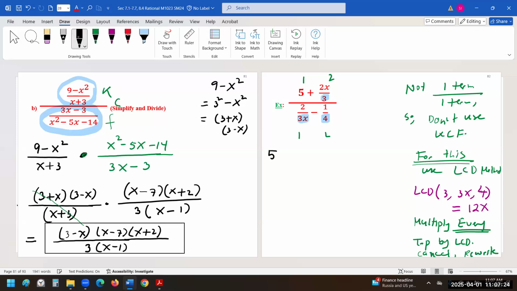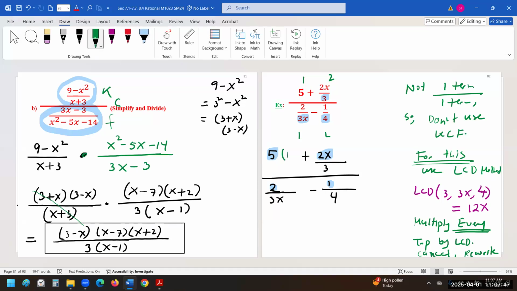So we have 5 plus 2x over 3, 2 over 3x minus 1 over 4. This is numerator, this is numerator, this is numerator, this is numerator. So you're going to multiply every numerator by the LCD.